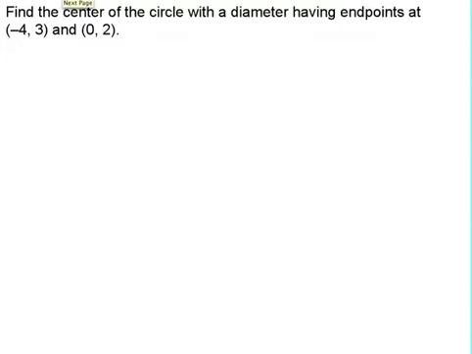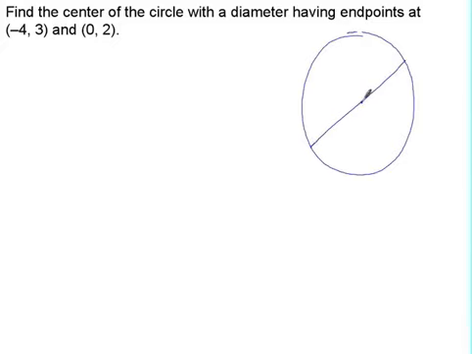Same thing, find the center of a circle with a diameter having endpoints of negative 4, 3, and 0, 2. A little geometric application. There's a circle. Diameter is straight across through the middle. And we have two endpoints of the diameter.